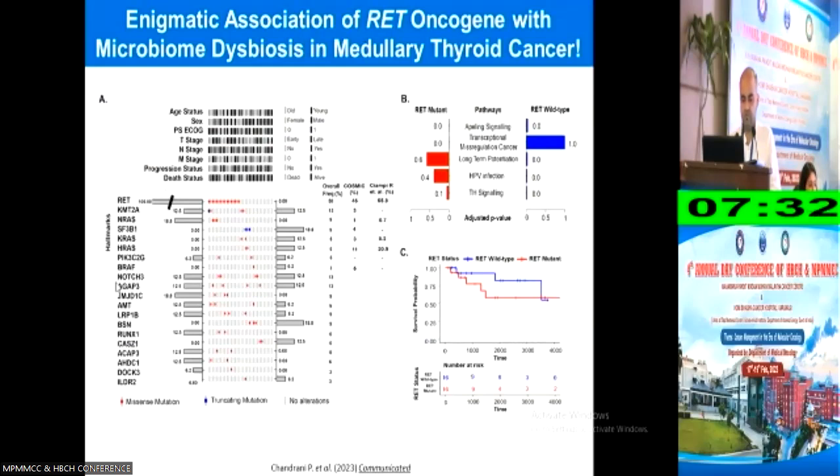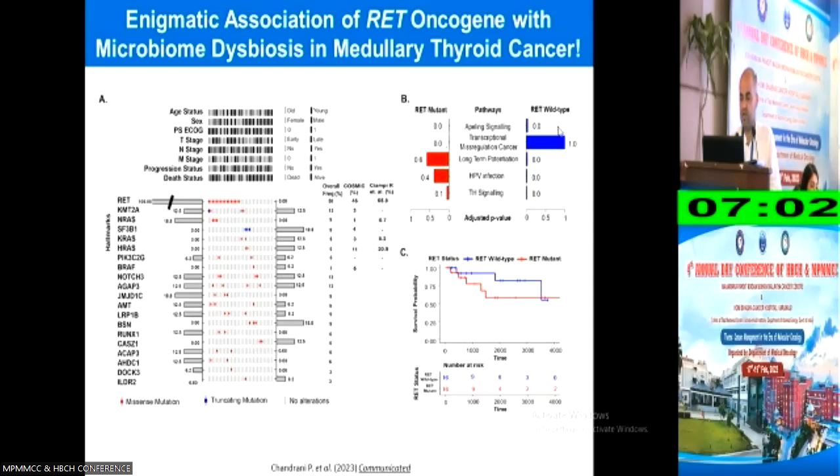So here what I'm showing is a landscape of medullary thyroid cancer in which RET is predominant. Roughly about 49% of Indian medullary thyroid cancer patients are positive for RET, which is very similar to the global data. Now, among these, when we compare the entire downstream mutation landscape, we observe that RET mutant patients are majorly mutated in long-term potentiation genes and genes involved in various infection and thyroid signaling.